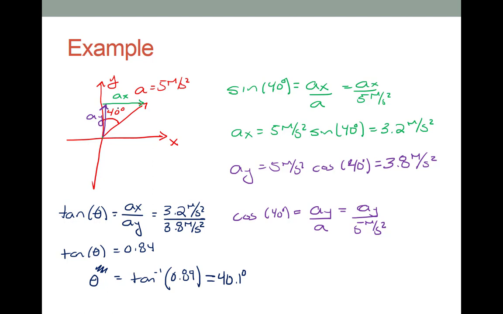So it did return where we started within round off, because these were not exactly 3.2 and 3.8, but it got us close. Okay. In the next unit, we will do some more examples and look at how we add and subtract vectors when we have components.